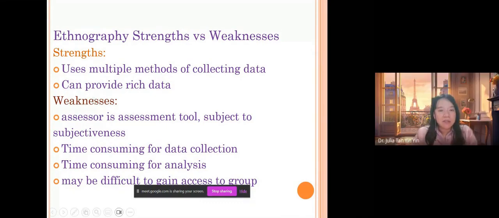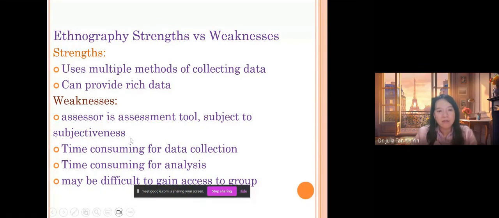So how about the weaknesses of ethnography? It has strengths and it certainly has weaknesses also. The weakness is that it is subject to subjectiveness.